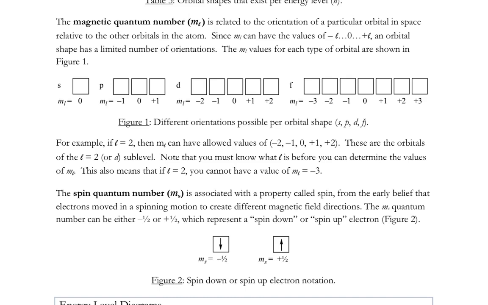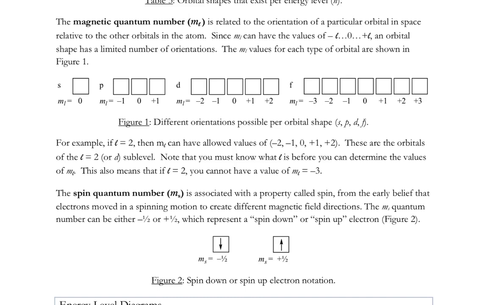When L is 1, we have the p atomic orbital, and m sub L can be -1 or 0 or +1. What that translates to is when we have the p subshell, there are 3 atomic orbitals there. So there are 3 places where electrons can be.